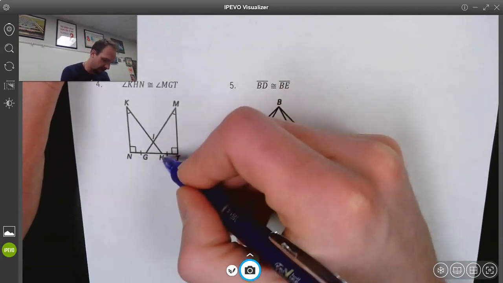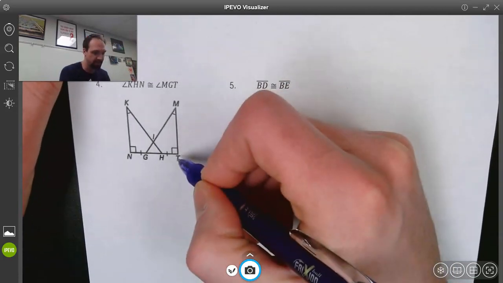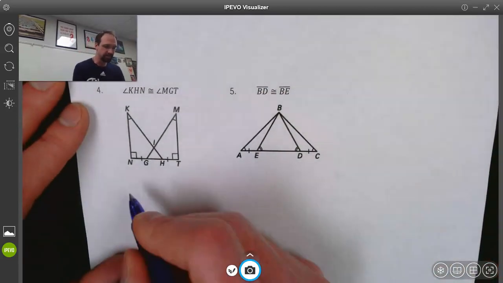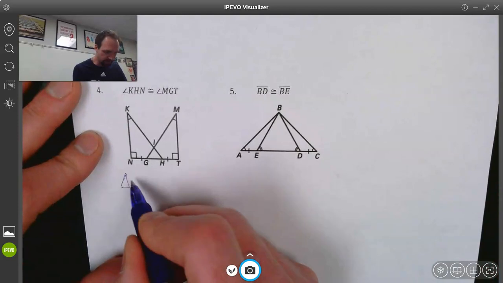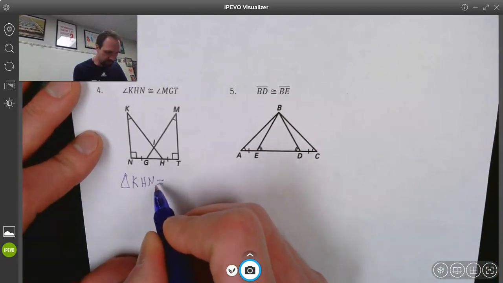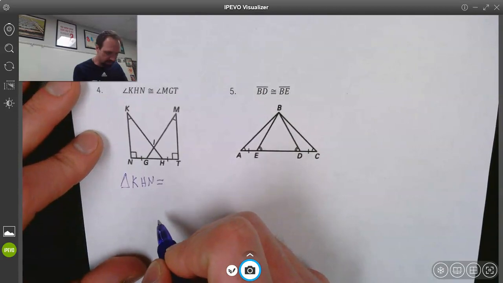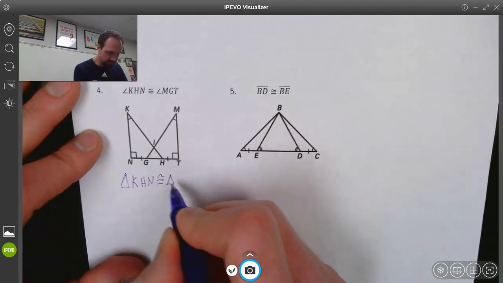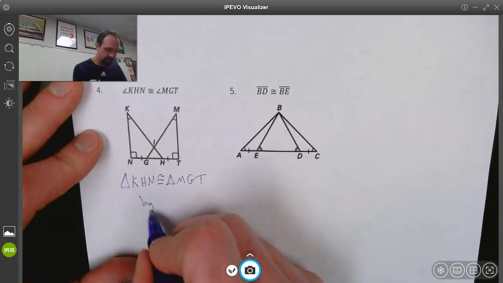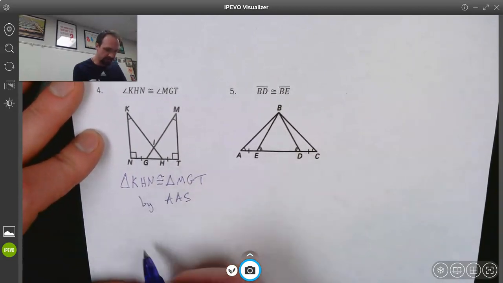So this side from N to H is equivalent to from G to T. So I'm left with angle, angle, side. And so I'm going to have triangle KHN is congruent to triangle MGT by angle, angle, side.